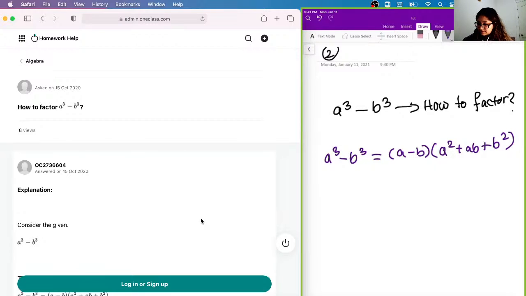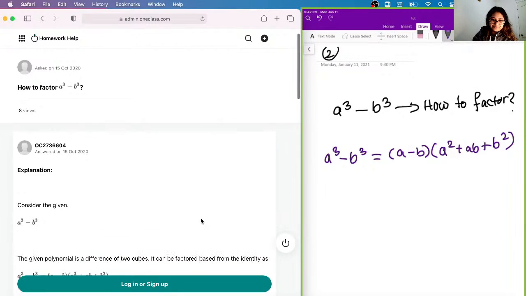This is the factored form of a cubed minus b cubed. If you want to FOIL this out, you would get a cubed minus b cubed.